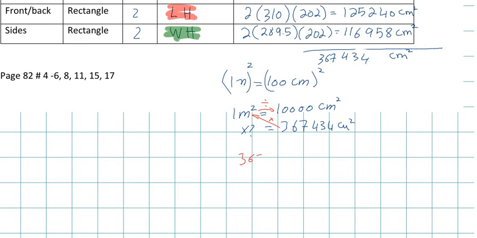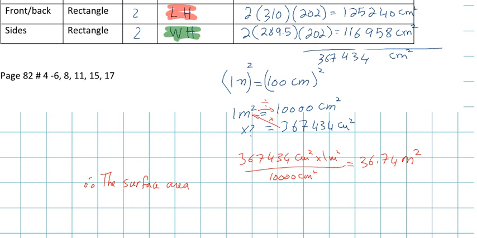The answer should be 36.74 meters squared. So therefore, the surface area of the shed is 36.74 meters squared.